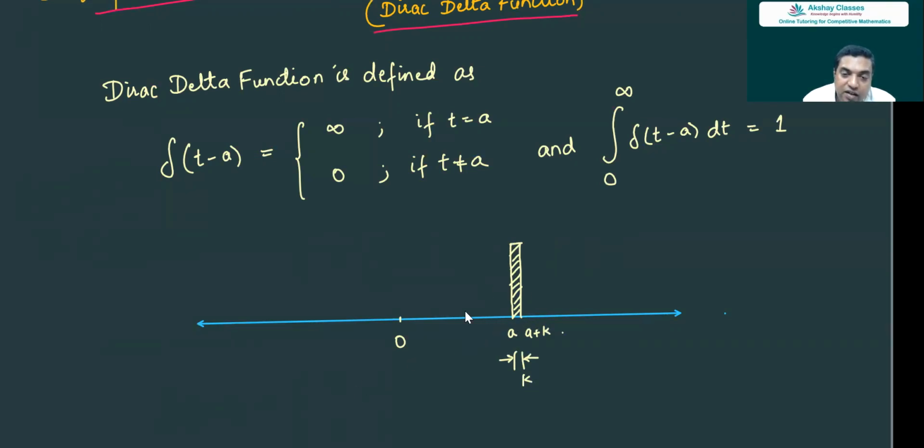Now this area upon integral should be 1. Area should be 1 means if this is k, this has to be 1 by k. This particular length has to be 1 by k, because this will be of unit area.